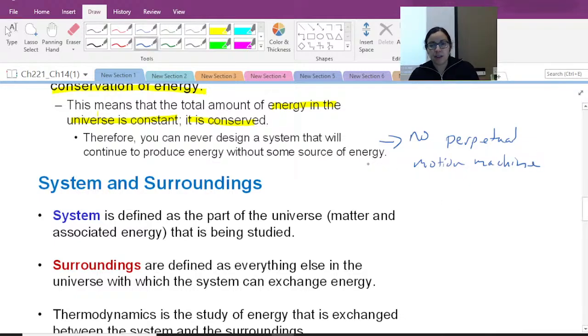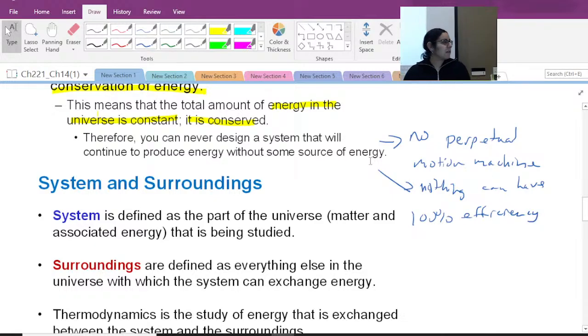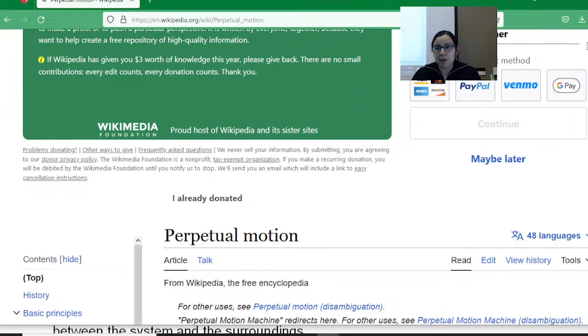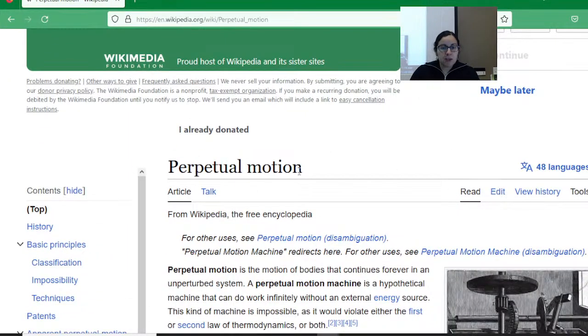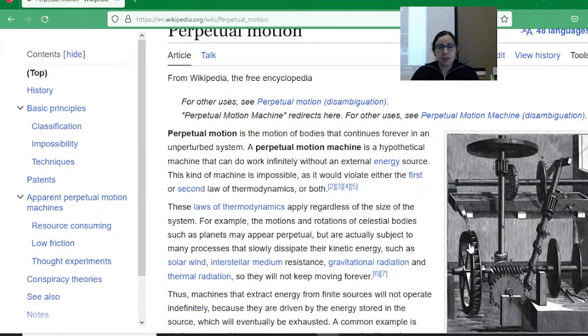Yeah, that's related. So nothing can have, and this is kind of cool too. We could talk about a few theories if you wanted to think about stuff. We mentioned perpetual motion, so could you somehow come up with a machine that powers itself?